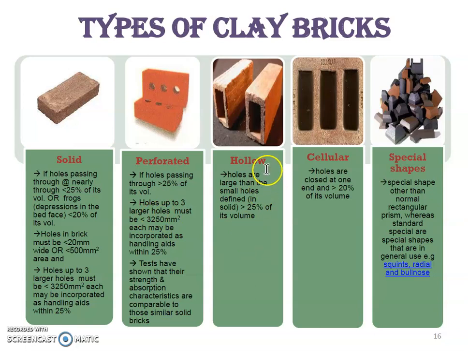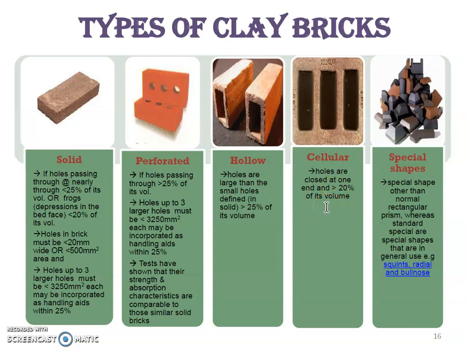And then we have hollow. Holes in the hollow clay bricks are larger than the small holes, larger than 25% of its volume. And then we have cellular. Cellular is different because the holes are closed at one end and more than 20% of its volume.